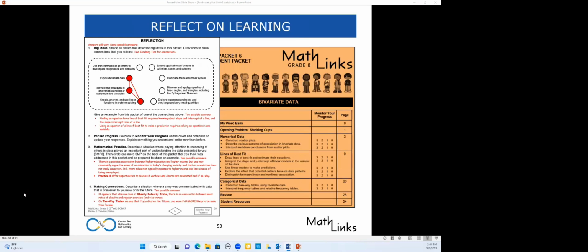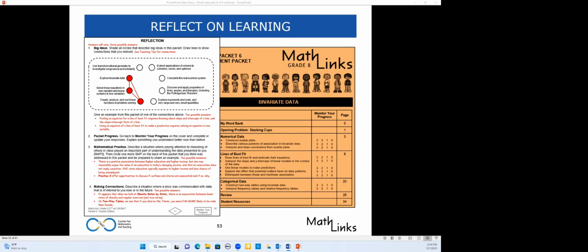Near the end of every packet is a page dedicated to reflecting on the content and mathematical practice of the packet. At the top, you see the 8th grade Big Idea wheel. In the bivariate data packet, 3 of these big ideas of the grade are addressed, with connections made between them.